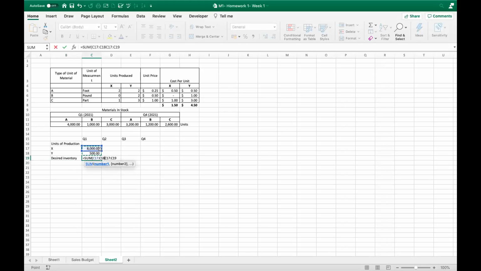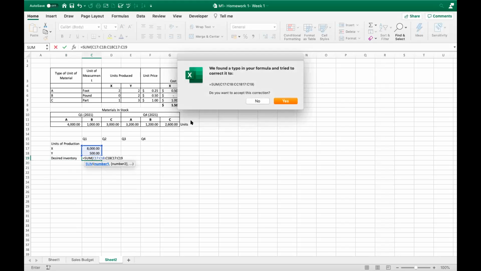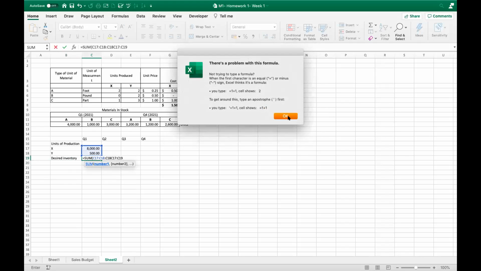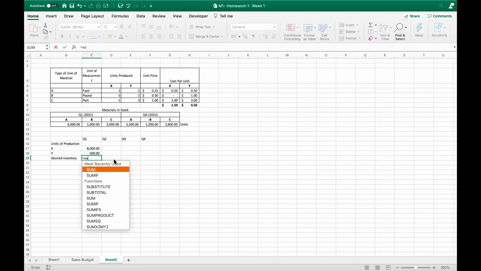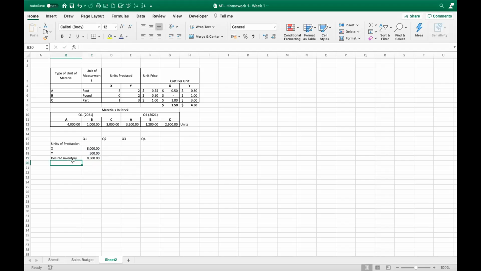You did it like that also, Lilian? Okay. Here, I'm not sure what I'm supposed to put because you need the inventories. The desired inventory. But isn't it that one, or no, that's the addition of the two on the top.